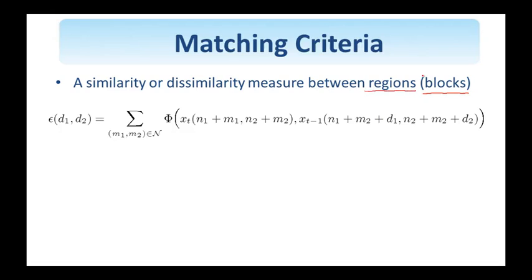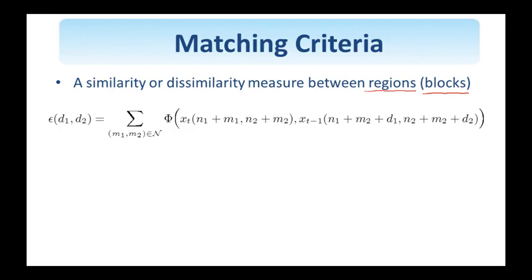And in this case, generally speaking, these block matching methods are also referred to as region matching methods. Now, any similarity or dissimilarity measure between these regions can be used as the matching criterion.